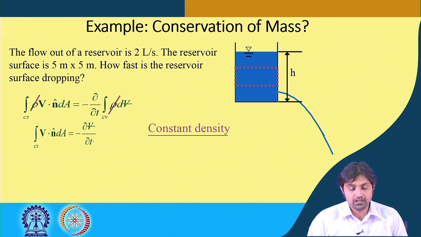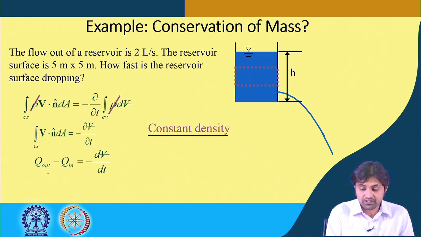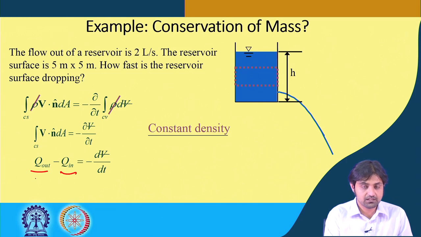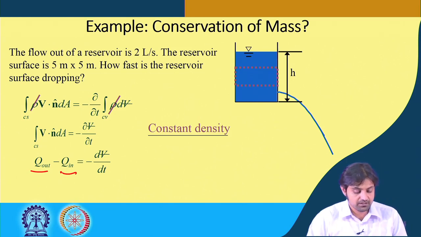Okay, that is the entire volume, if we integrate over the entire volume. Or we can say Q out minus Q in, that is the flux leaving minus the flux coming in, is equal to minus dV/dt, right. There is nothing that is entering, so Q in is 0.